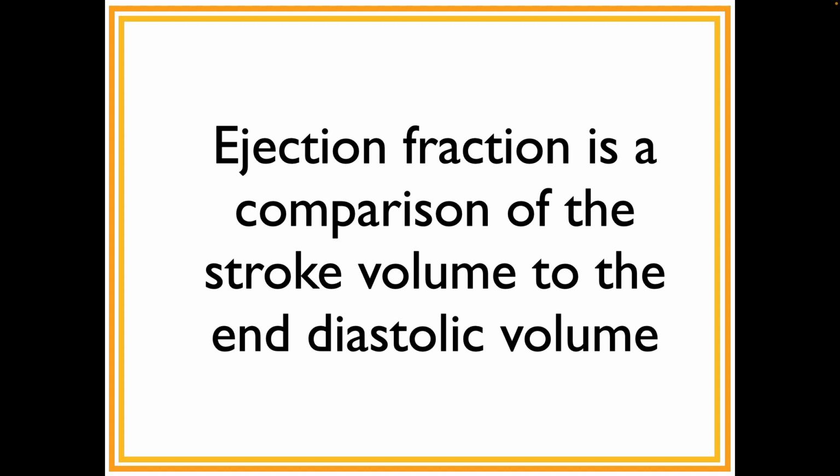And that should make intuitive sense, because we just said it's impossible for 100% of that end diastolic volume to be pumped out. So with the ejection fraction, what we're asking is, with this patient, with this heart, what percentage of the end diastolic volume gets pumped out?